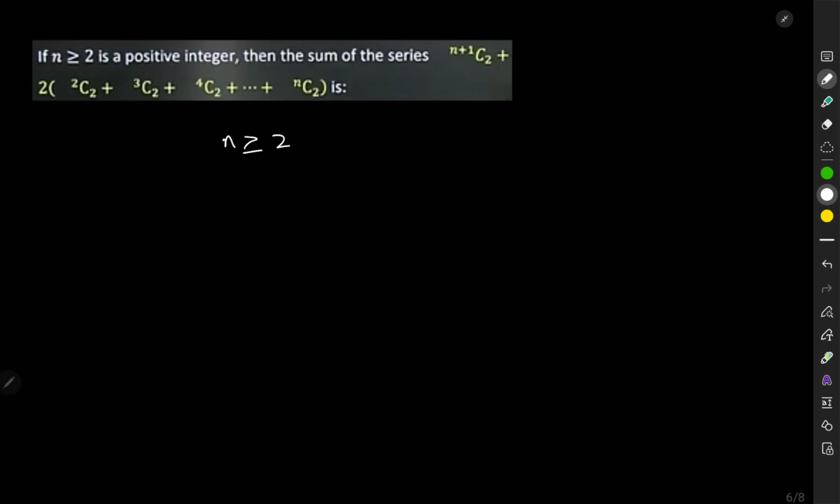N greater than or equal to 2 is a positive integer, then the sum of the series. Don't look at the complicatedness, just write it so that you will get clarity. It's starting from 2C2, right? The moment you see it's not starting from 0, whenever this is the same, you need to go for one and only condition, which is the Pac-Man condition.